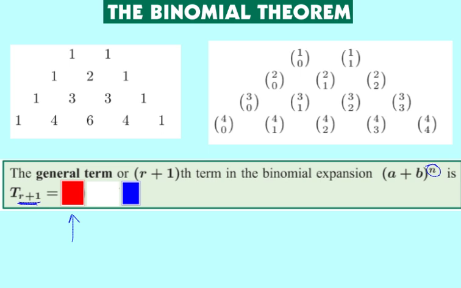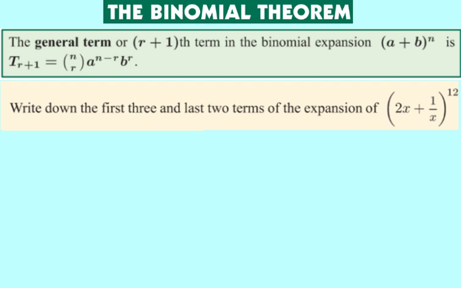Then my first term will be a raised to the power of the difference of n and r, so a to the power of n take r, and then the b term will be raised to the power of this base number here, so b to the power of r. That is the formula for the general term in a binomial expansion.